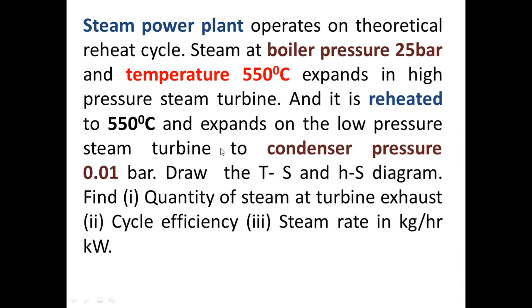Draw the TS diagram. Find the quality of the steam at the exhaust, the cycle efficiency and the steam rate in kg per hour. You want to note these down, and then find these things.